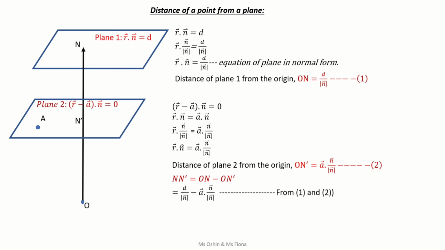Hence we obtain NN dash, that is the distance of a point from a plane or distance between these two planes, equal to modulus of d minus vector a dot vector n divided by magnitude of n vector. We are taking modulus because distance is a positive quantity.